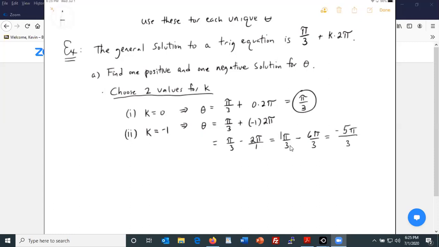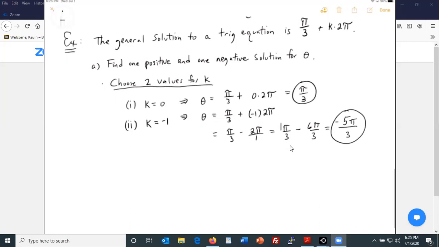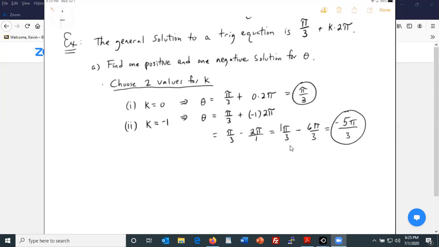Just think 1 minus 6, and then the pi symbol carries over. Now we have a negative answer, so that's a negative solution. Okay, B. Find 2 other positive values.